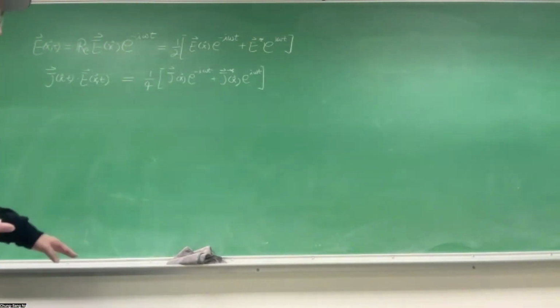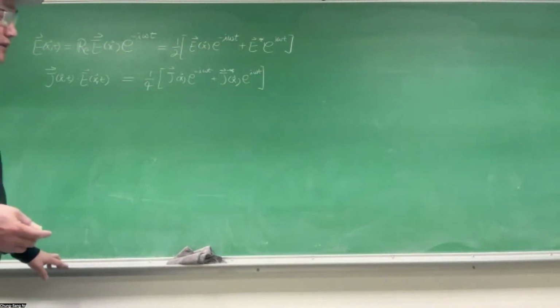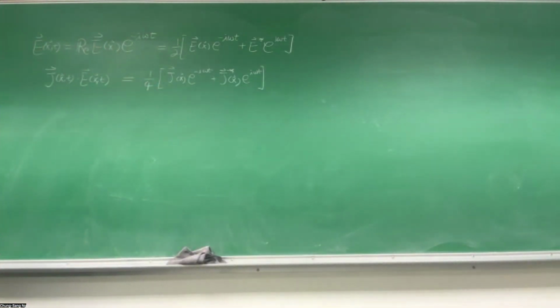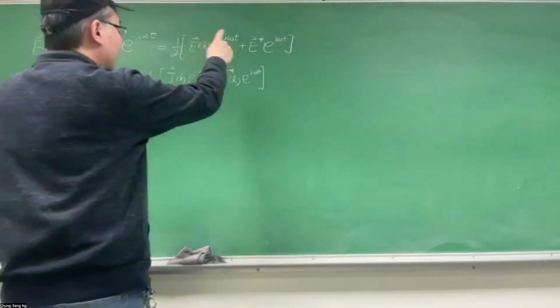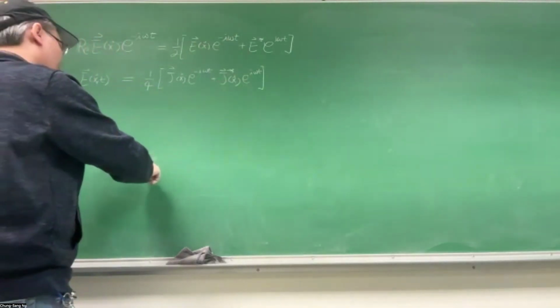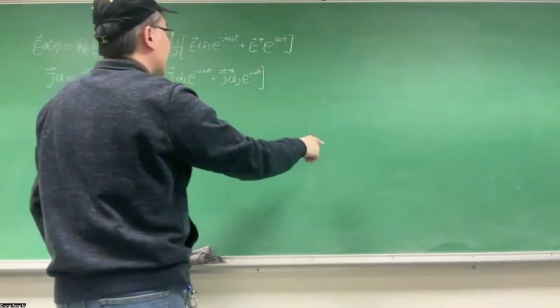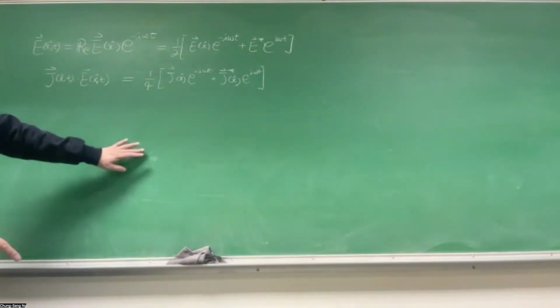You just need to follow the rules of working with complex functions, then the algebra will be much easier. Okay, so that's another way to say why we are using complex notation. But we need to figure out some rules.